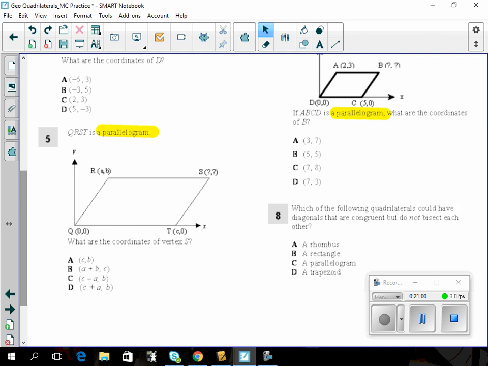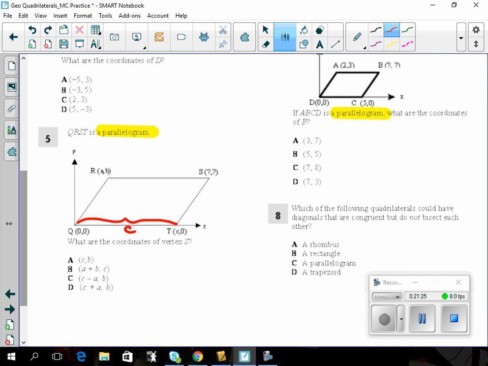So if I'm starting at the vertex here with point Q, what is the distance from here to here? Well, from 0 to C. So isn't that just length of C? Like if that was the number 40, wouldn't that be 4? If this was the number 70, wouldn't that be 7?